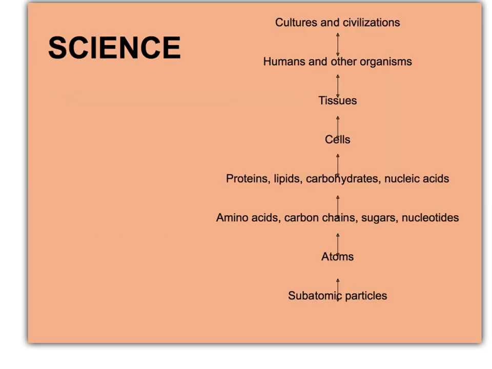Science is based on understanding all the little pieces that get put together, and different sciences study different pieces. Subatomic particles and atoms are the science of physics, and then atoms and how they're put together, a lot of that is done by chemistry.